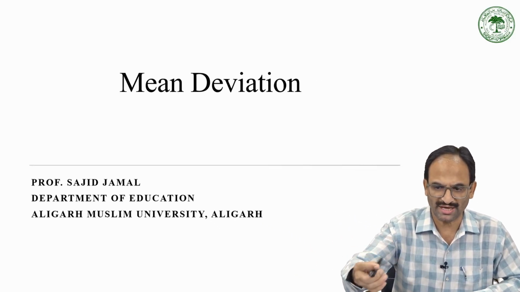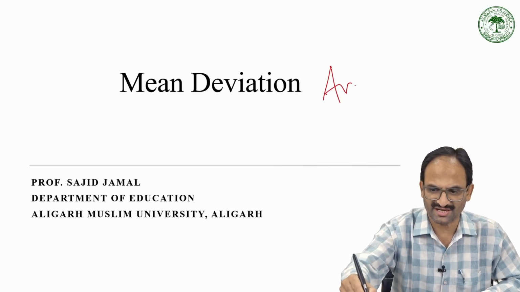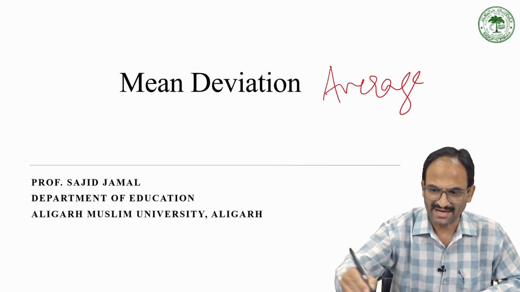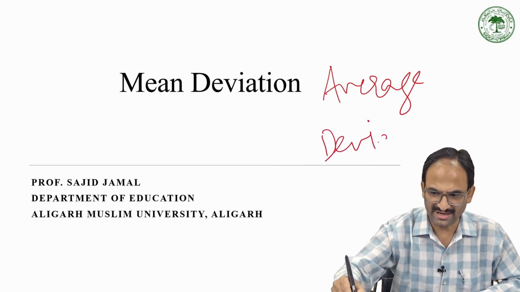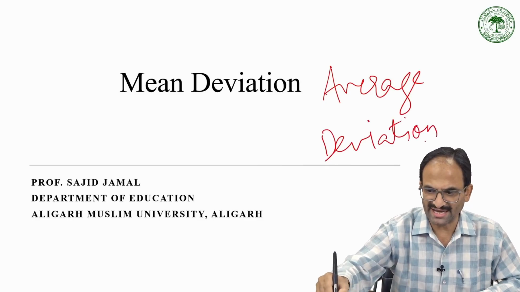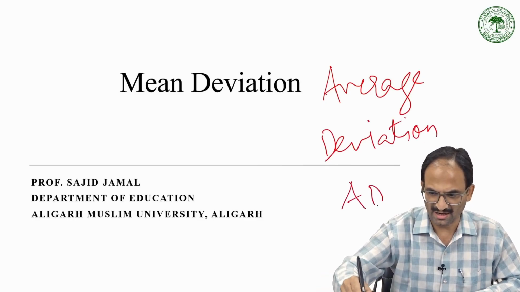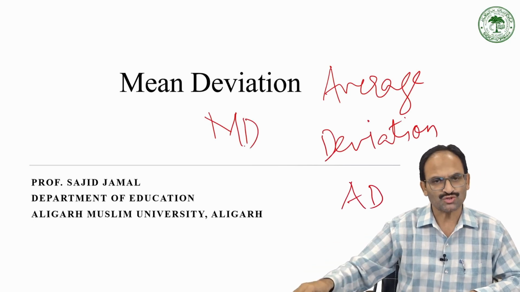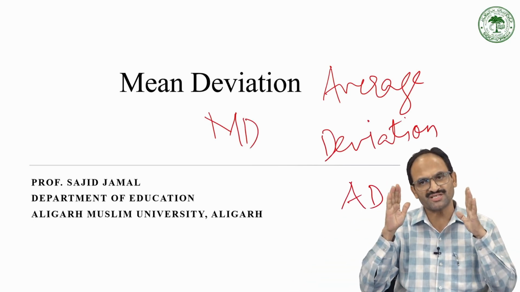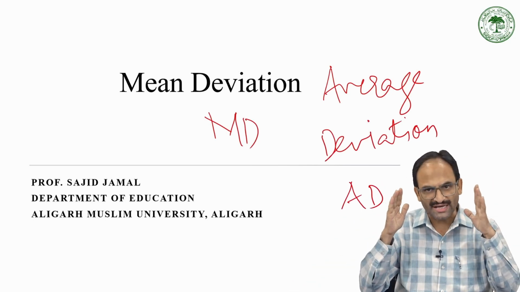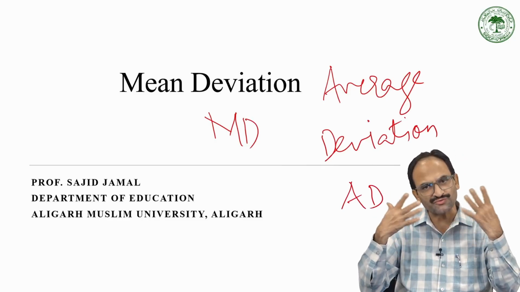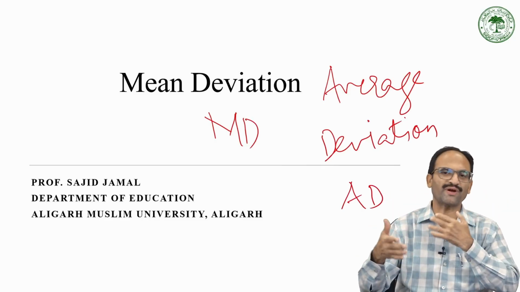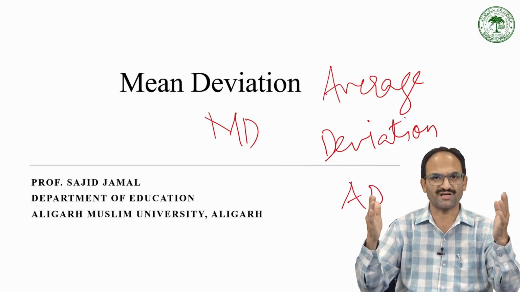Somewhere it is abbreviated as AD, or as MD. So what is mean or average deviation, how will we calculate it, and how will we infer the result we get? In fact, I am going to present all these things one by one.